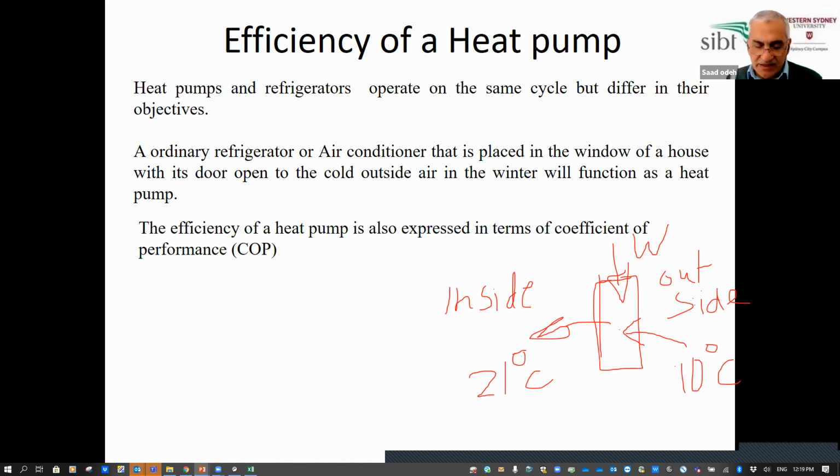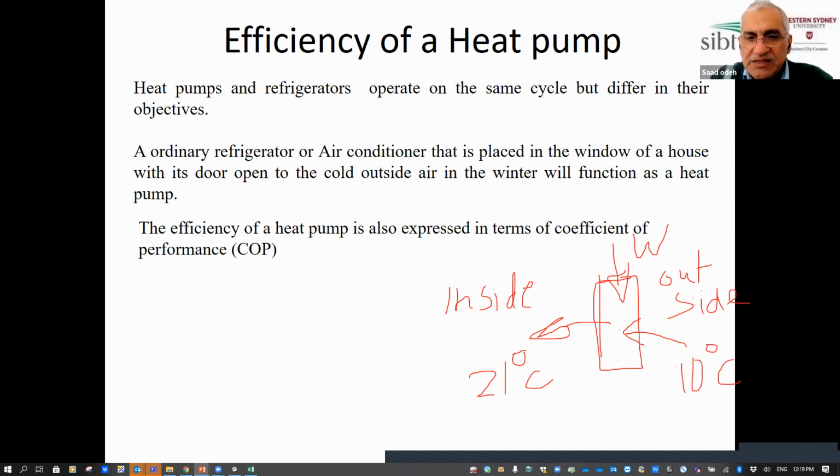And somebody will ask, how can we pump heat while it's not hot, it's 10 Celsius? The answer is because we have a heat source, and the amount of heat source is huge. Like the air outside the house, the ambient air, is massive.